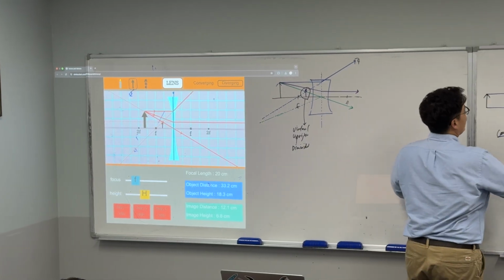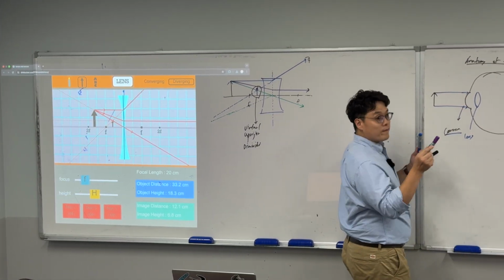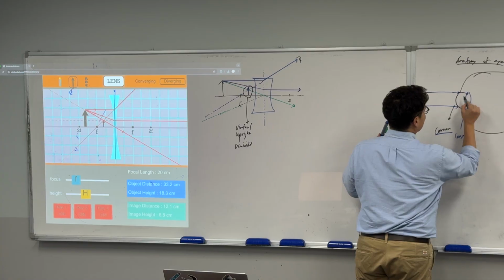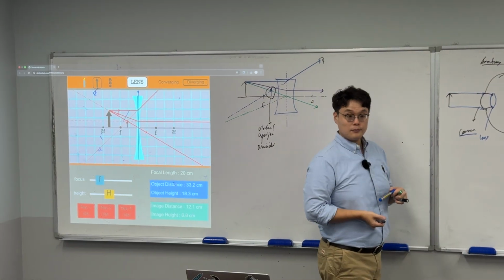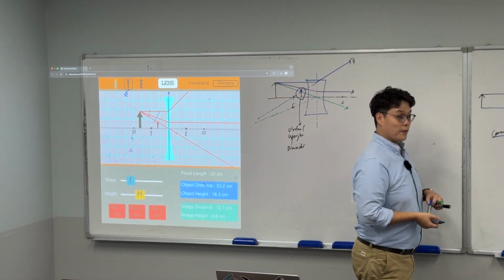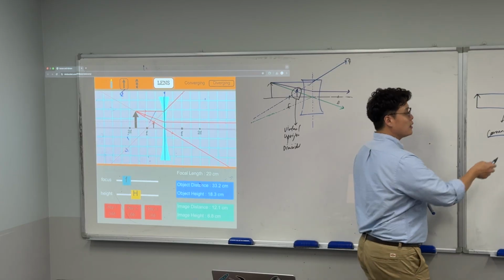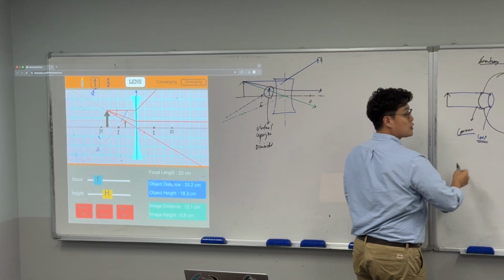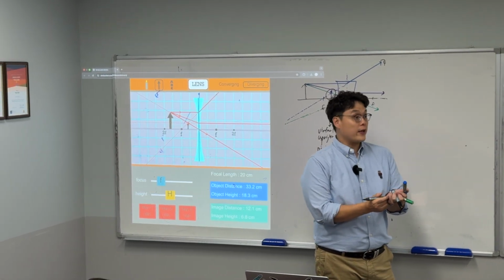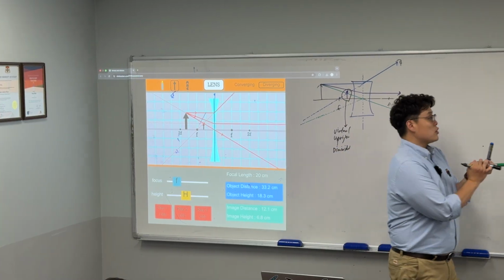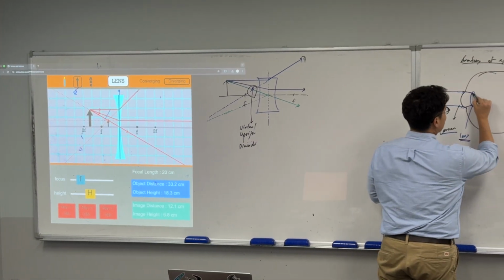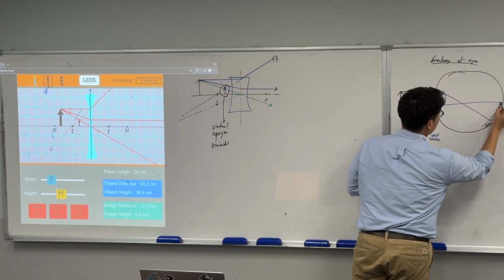So the light goes from the cornea, gets converged first of all, hitting this point. It first gets refracted. Then we have another lens, which is also a convex lens, so it goes all the way to here like this.